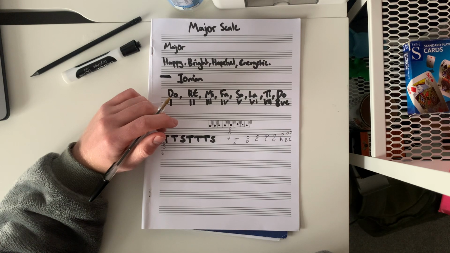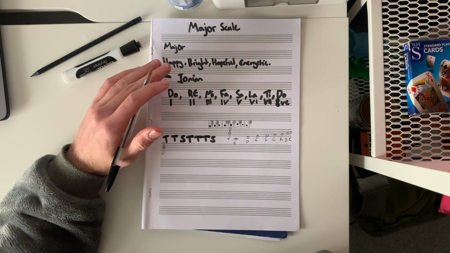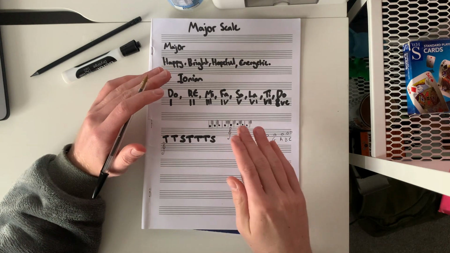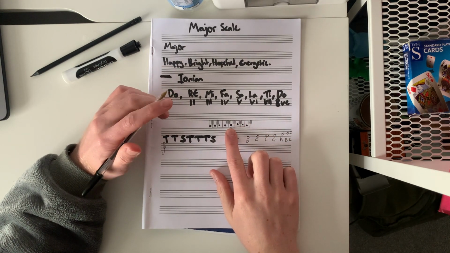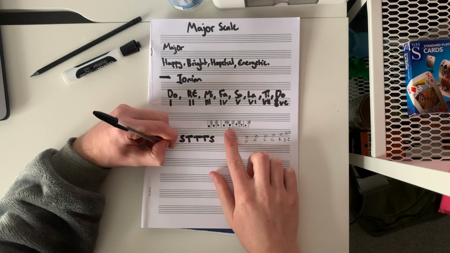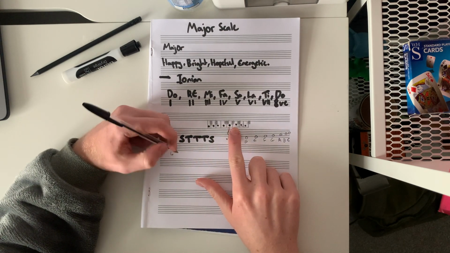I'll tell you what, I'll do an easy scale and then a really hard one. Let's go for G major. So for G major, I start on G. I need to go up a tone. So here's my starting note, G. Up a tone is A.